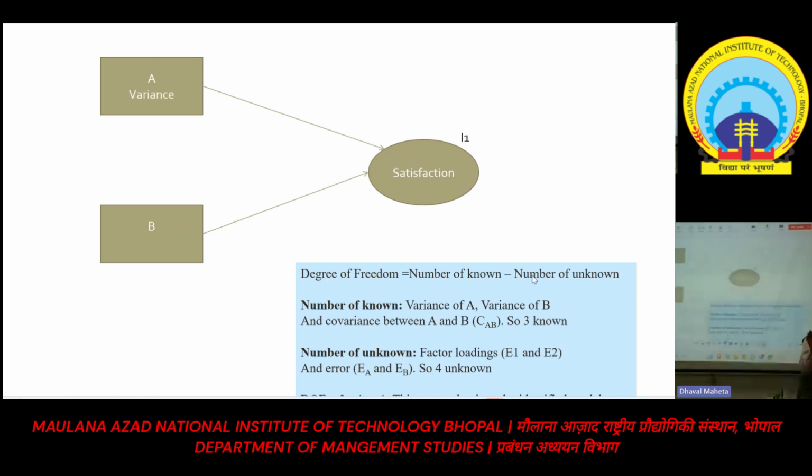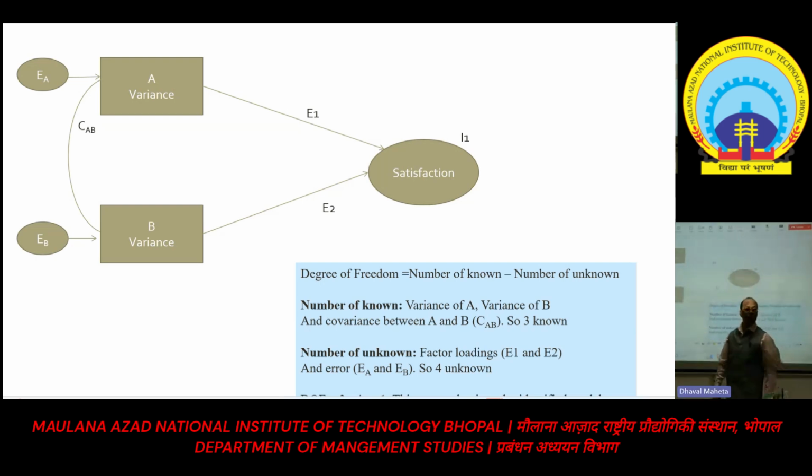Variance of A, variance of B, covariance of AB, CAB. What do you have to estimate? E1, E2. Now let's calculate the degree of freedom: number of knowns minus number of unknowns. Number of knowns is variance of A, variance of B, and covariance. Number of unknowns is E1, E2, and we forgot the error terms EA and EB.